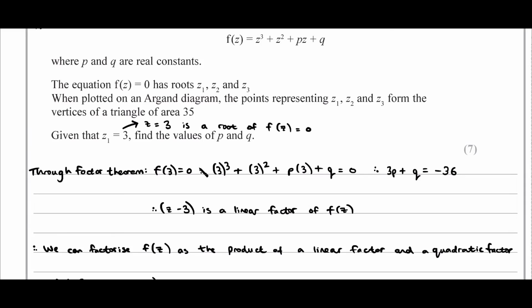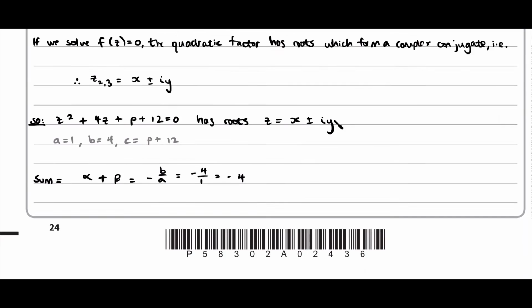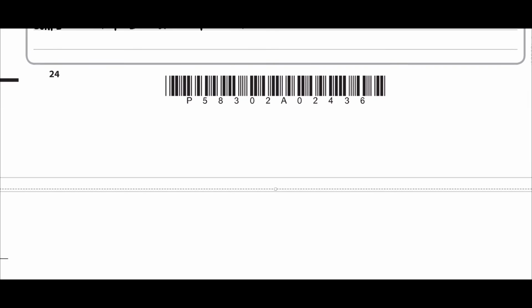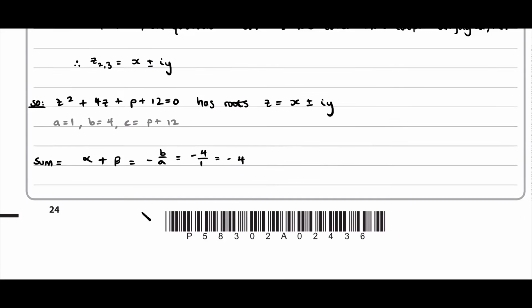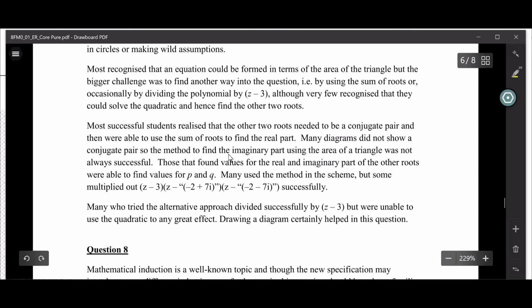The reason being, we were told in the question that the roots can be plotted on an Argand diagram. That tells you that the quadratic has complex roots. And then from that, we could use the sum to find out the real part, i.e. the minus 2. What else was being said?